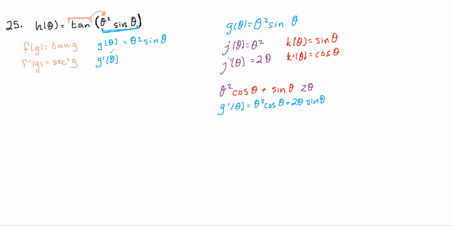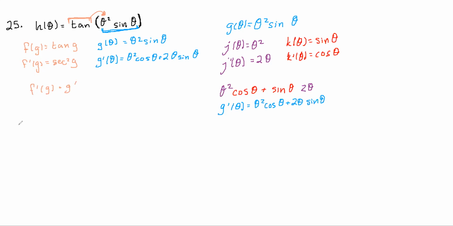So now I know what my g prime is. And I'm going to use that to solve this problem. So I know that what this is going to look like is f prime of g times g prime.